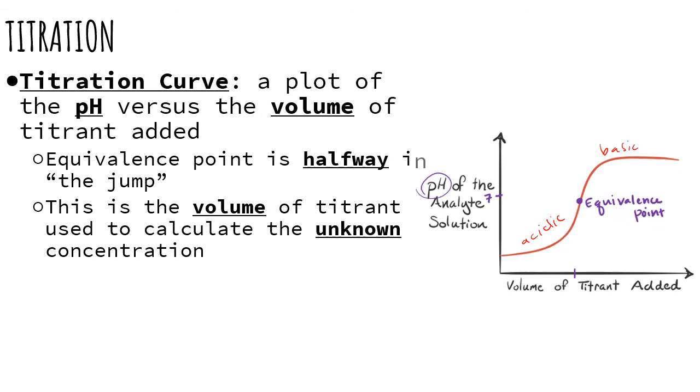Right in the middle of that jump where the pH is 7, that is our equivalence point. Wherever the equivalence point is, we know that's the exact volume that was needed to get there. So that's going to be the volume we use in our MAVA equals MBVB calculation.